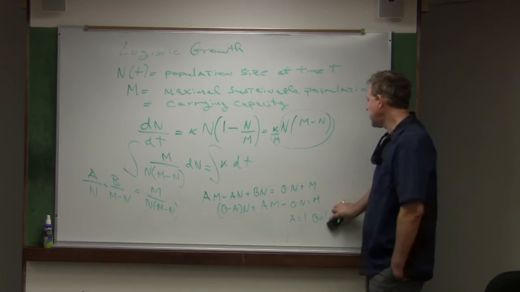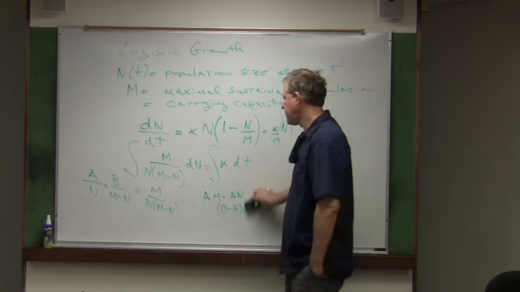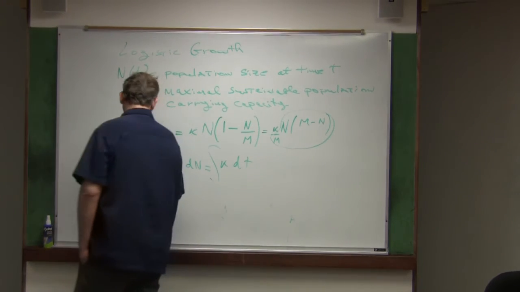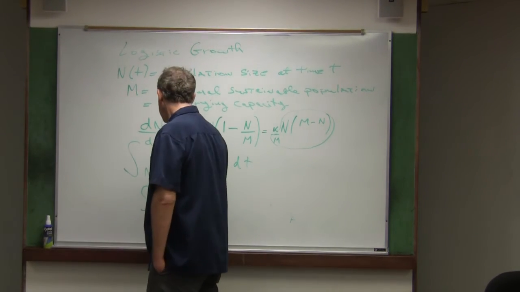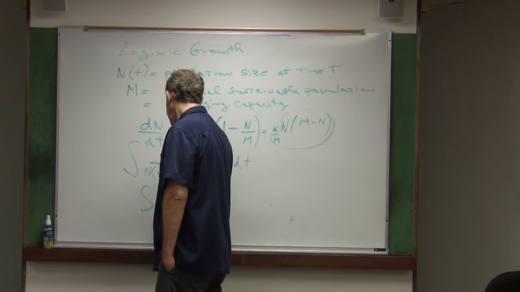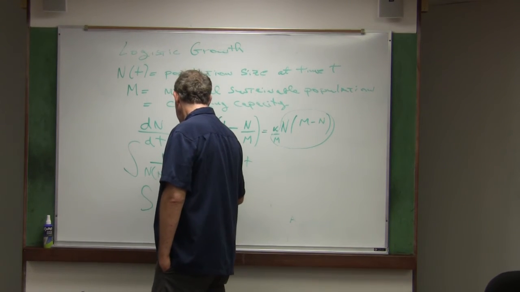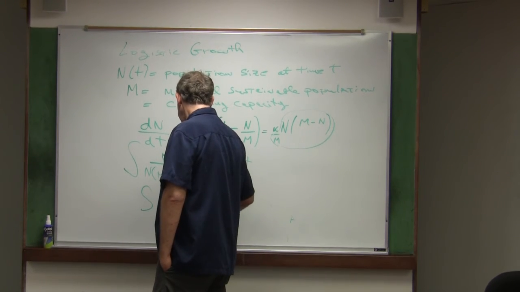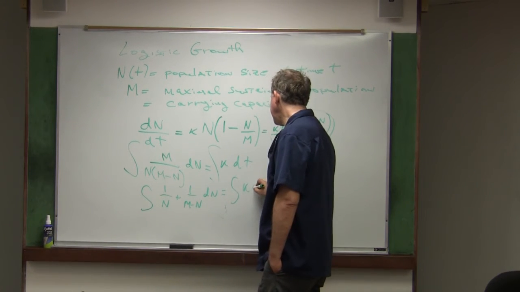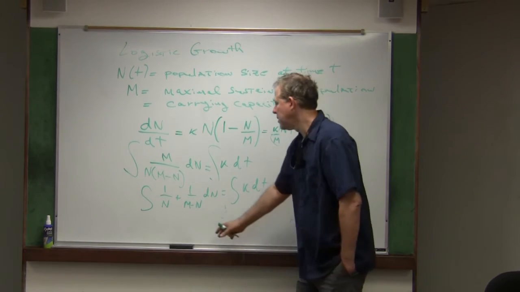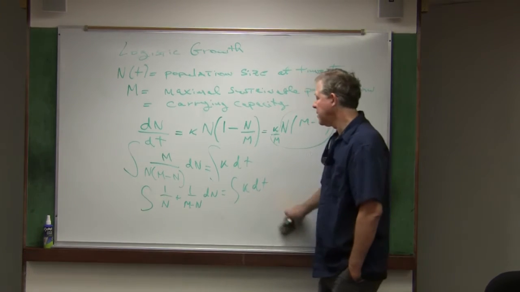All right, so let's rewrite this now. I'm going to rewrite this as the integral of 1 over N plus 1 over (M minus N) dN is equal to integrating k dt. So what happens here?